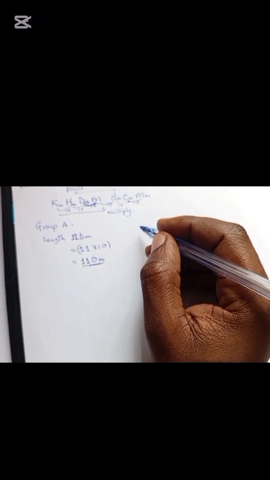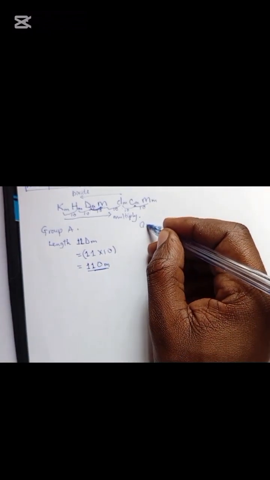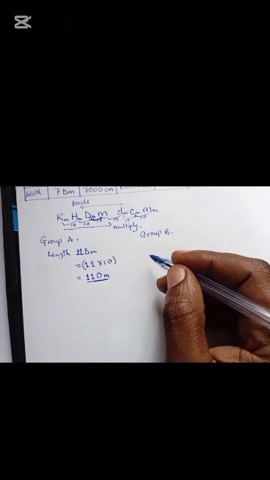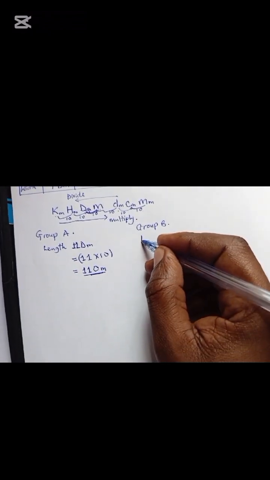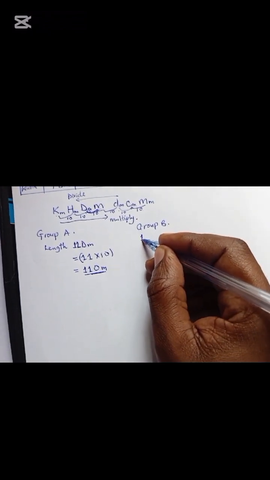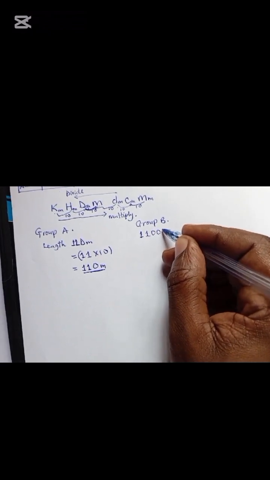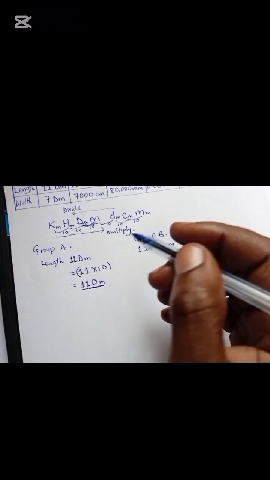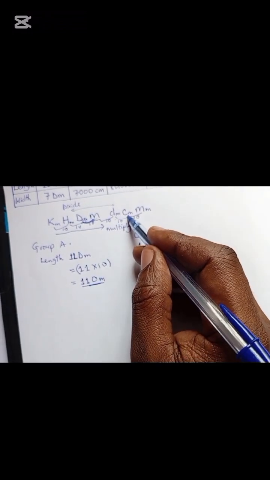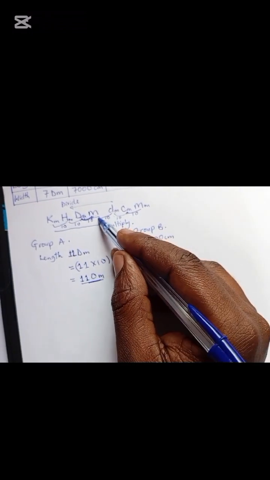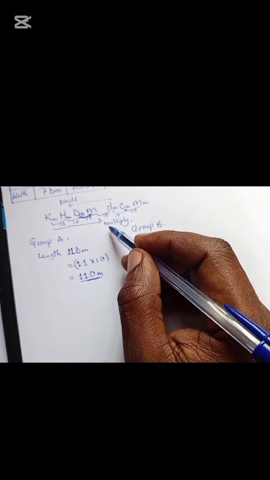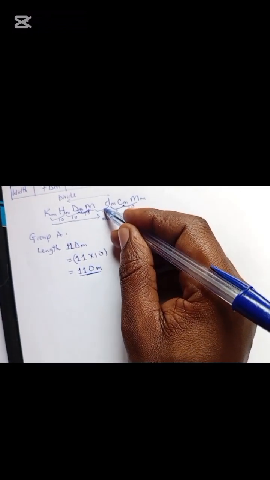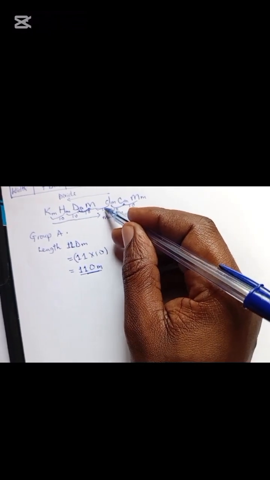What if I'm to consider group B, converting 11,000 centimeters to meters? If you come here, meters is a bigger unit than centimeter with a variation of 100. There's 10 here, there's 10.